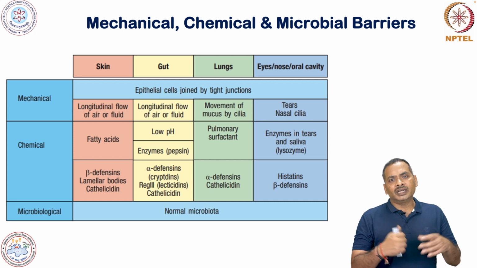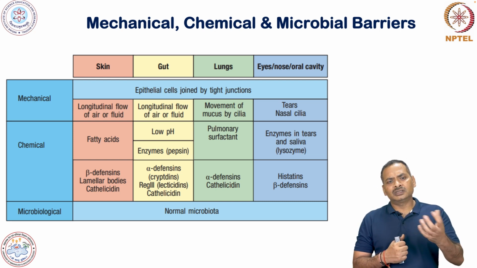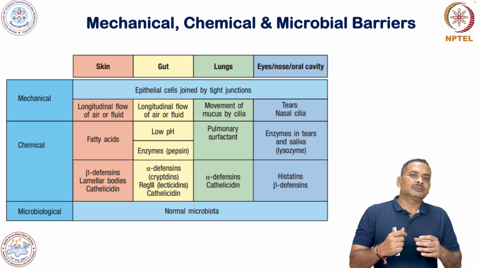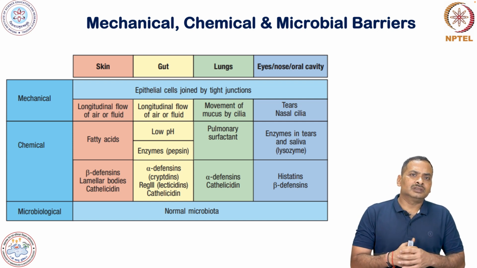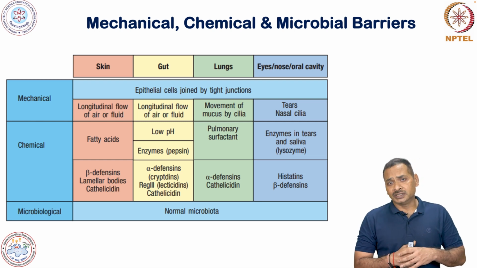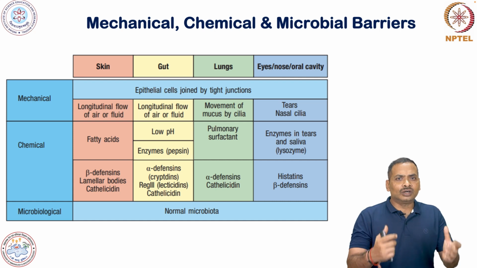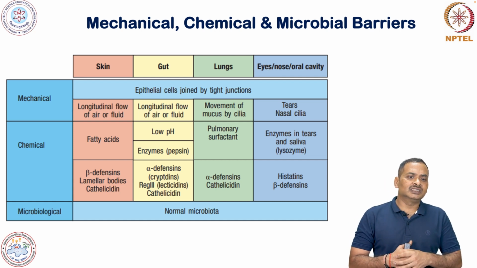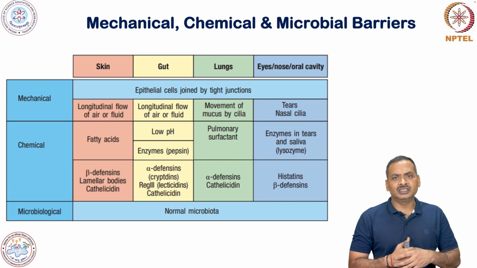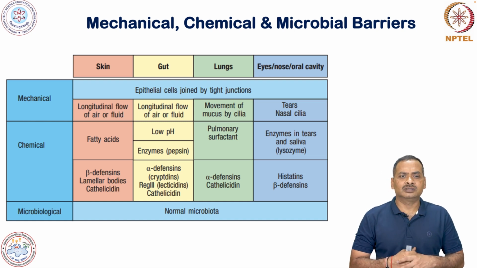These molecules are present in a structure which we call lamellar bodies, which keep on releasing them. I will talk more about defensin and cathelicidin, how they work, in a subsequent session.